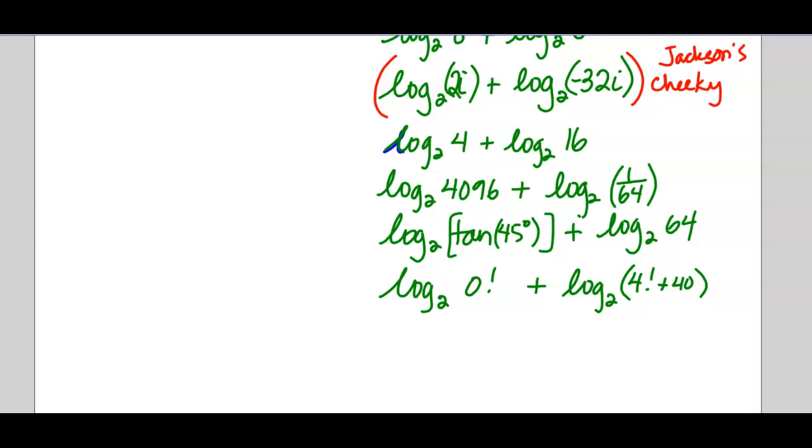This one's cheeky as well. 0 factorial, we're going to talk about this in a week or two when we get to combinatorics. 0 factorial actually has a value of 1. And then 4 factorial is 4 times 3 times 2 times 1. So that's 24, plus 40 is 64.